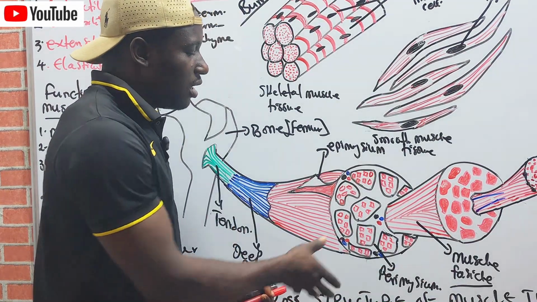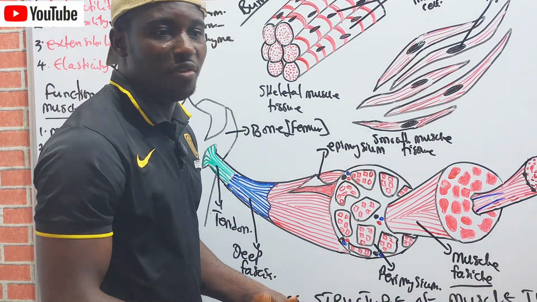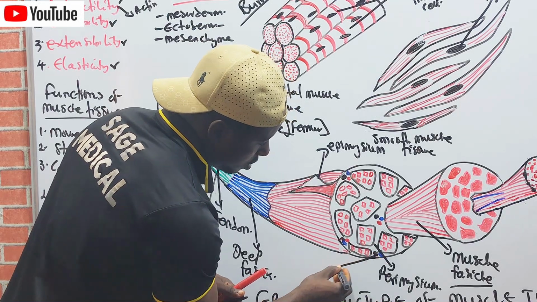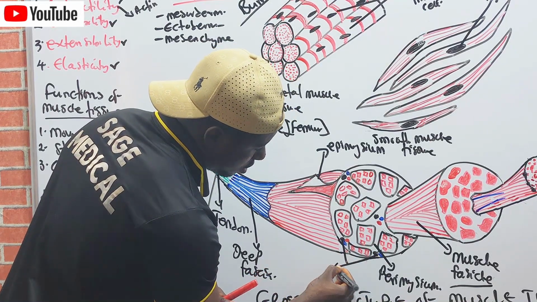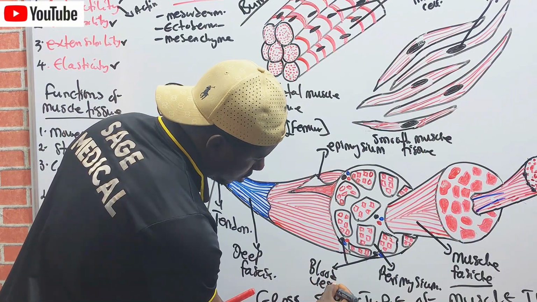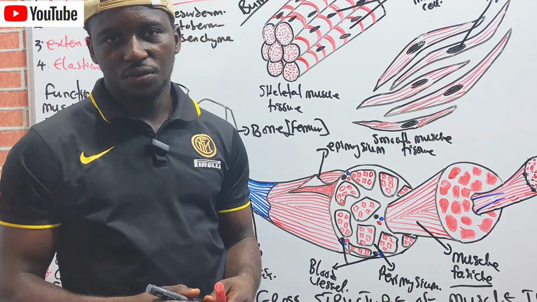And inside here contains the blood vessel. This is the blood vessel. You get?